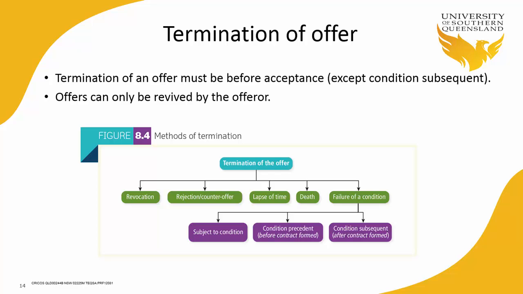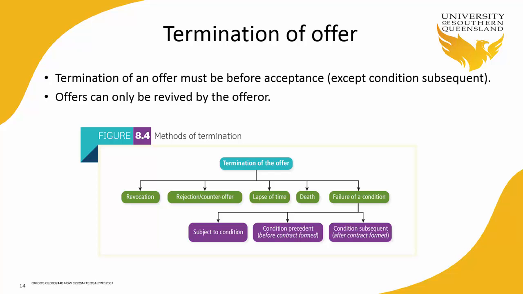And then you also have some discussion on the lapse by death of either party, so it could be the offeror or the offeree, and how that impacts the offer. For example, if the offeree learns of the offeror's death before acceptance of the offer, then a purported acceptance will be ineffective because the offer will have lapsed.